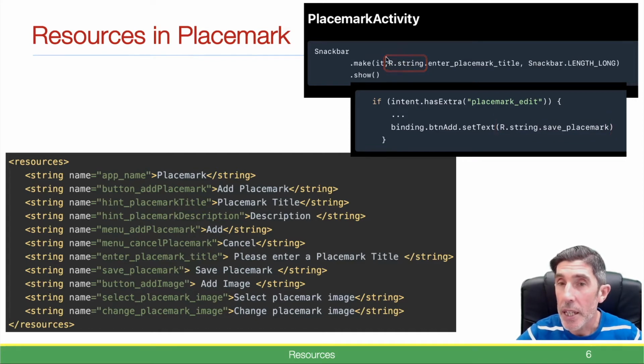Again, the R class, and we'll talk about it in a little bit more detail in a few moments. It is basically every resource that you have in your application. Every resource that you have in your application will be referenced in this single file.